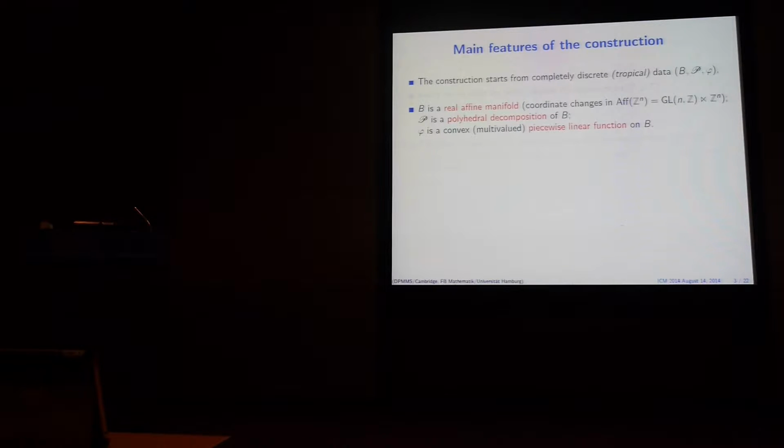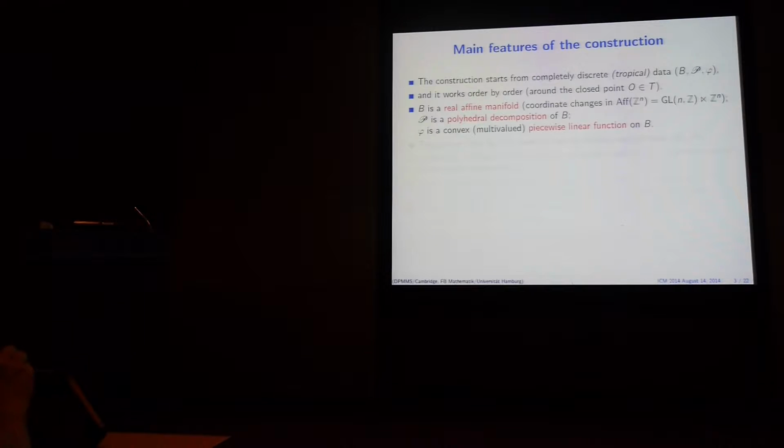And phi is some additional data that we kind of sweep under the carpet in the talk, but it's very important data. It's a piecewise linear function. If you know about toric geometry, that's a situation turning up in toric geometry quite often. B could be R^n, for example. The polyhedral decomposition could be a fan, and phi is then giving the data of an ample line bundle.